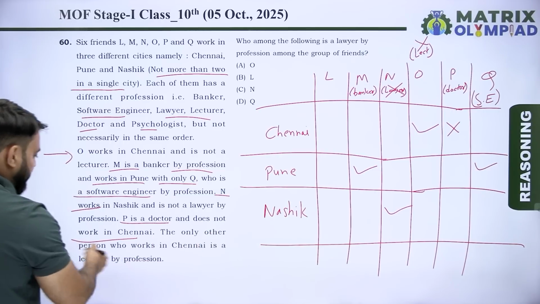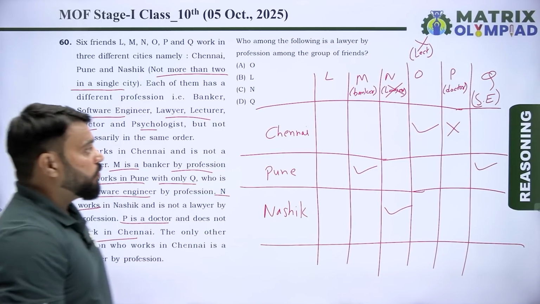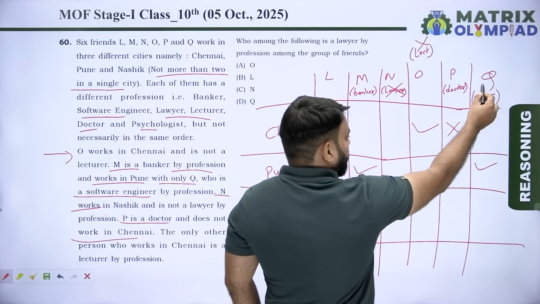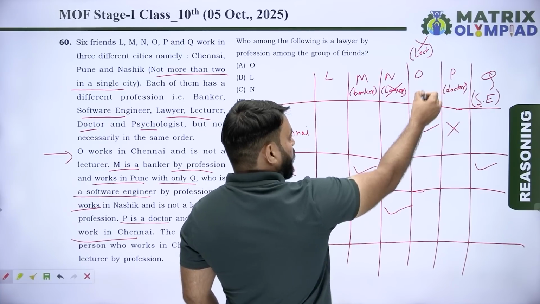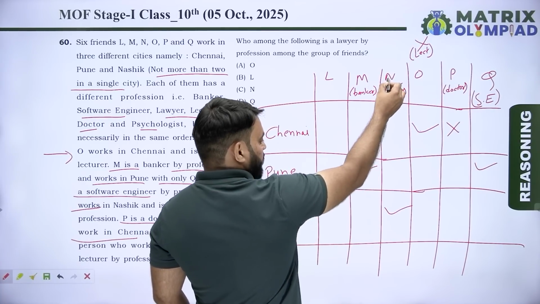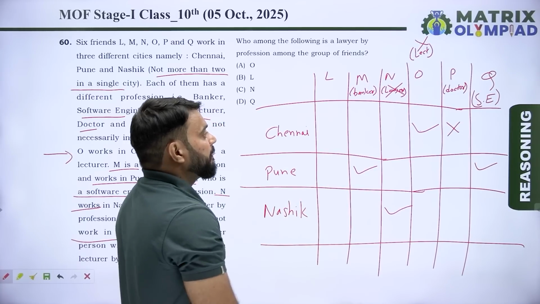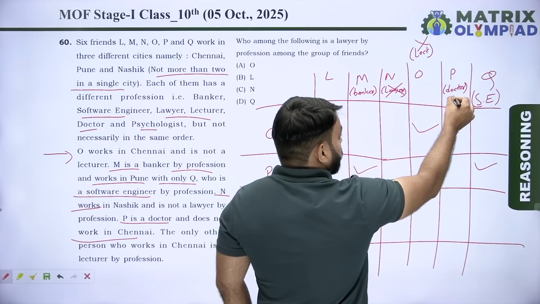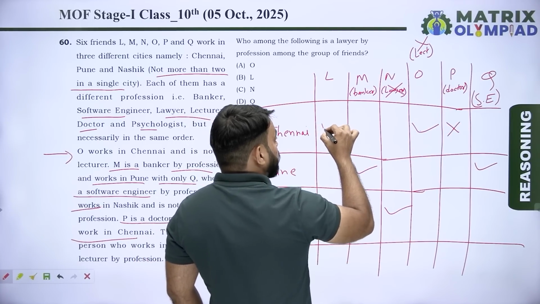The other person who works in Chennai is a lecturer by profession. So Q works in Pune. O works in Chennai. N works in Nasik. M works in Pune. P does not work in Chennai, so it means L works in Chennai.